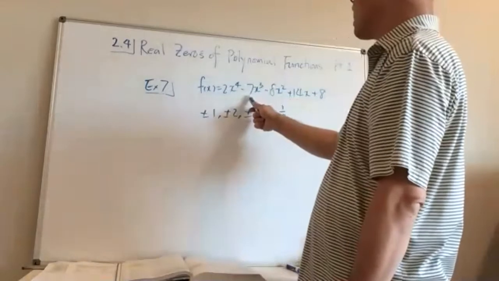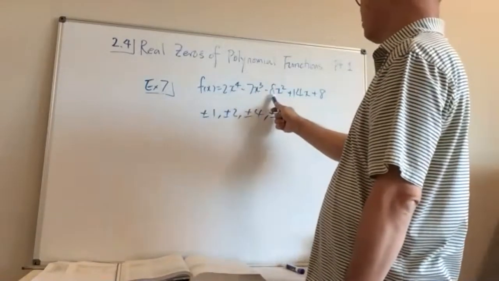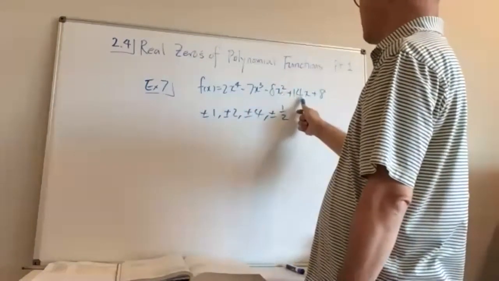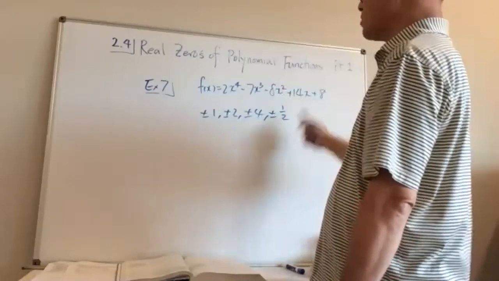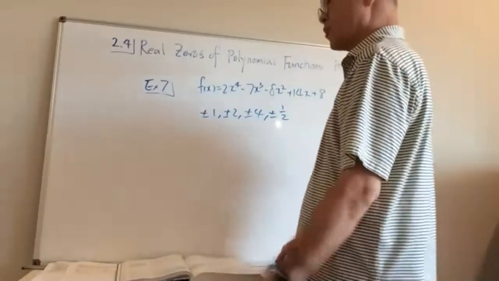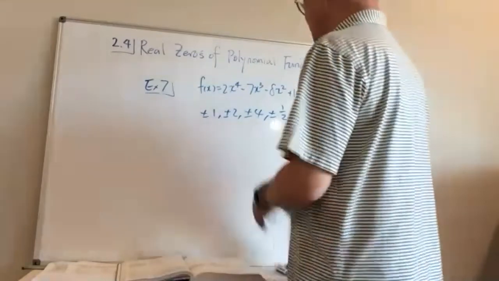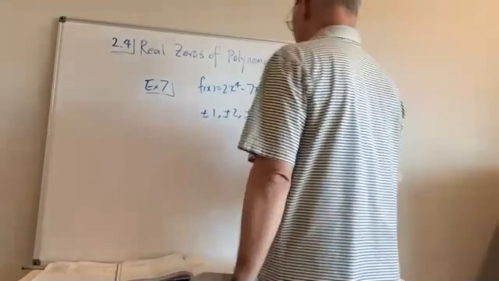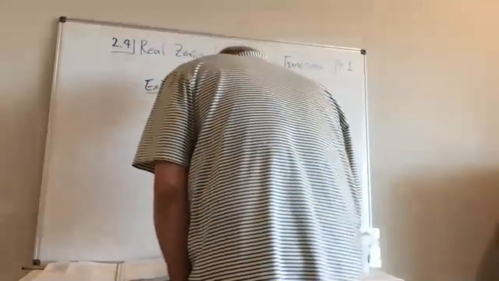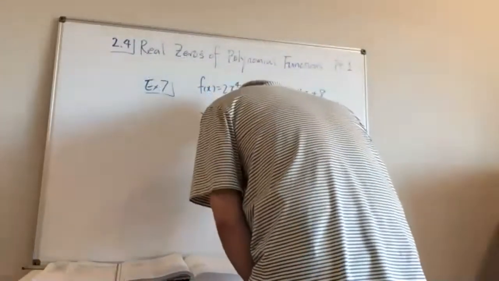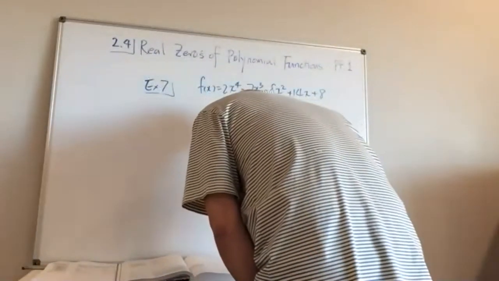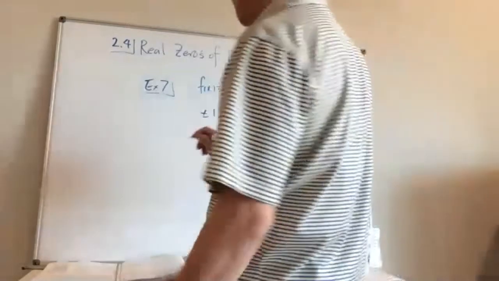2 minus 7, that's minus 5, minus 13, plus 1, plus 9. So 1 doesn't work, okay? So we can actually just cross off 1 already, right? And so you can try other ones, but I'm gonna cheat. And the book says 4 works. Woo-hoo.